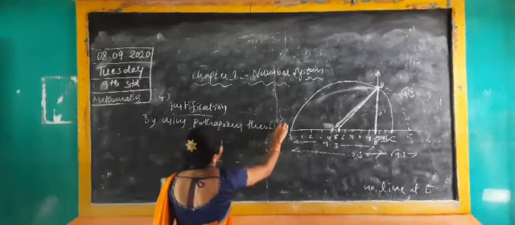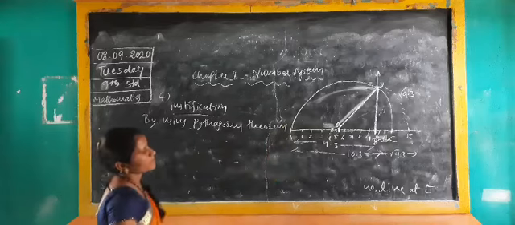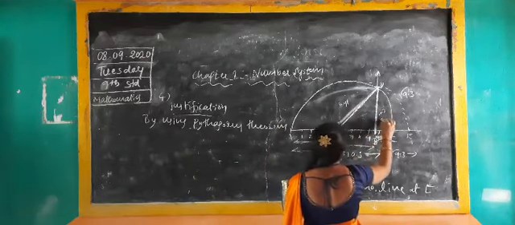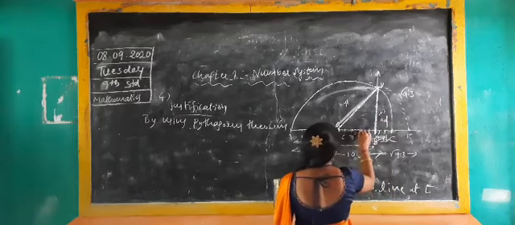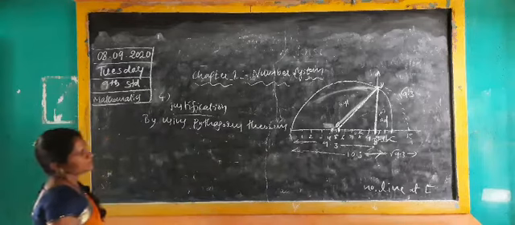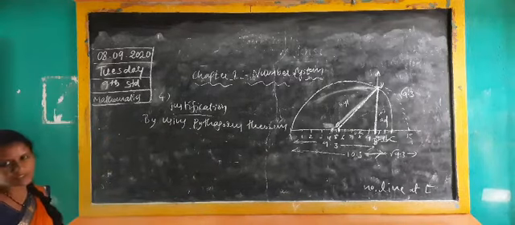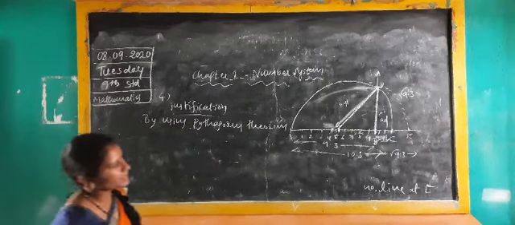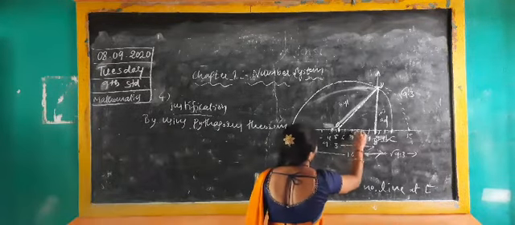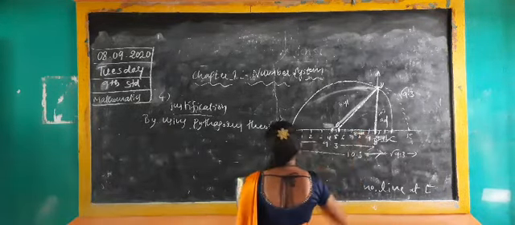What does it say? It should be hypotenuse, adjacent, and the side or base. Okay, hypotenuse squared is equal to the square of adjacent plus base, the side we are calling base.